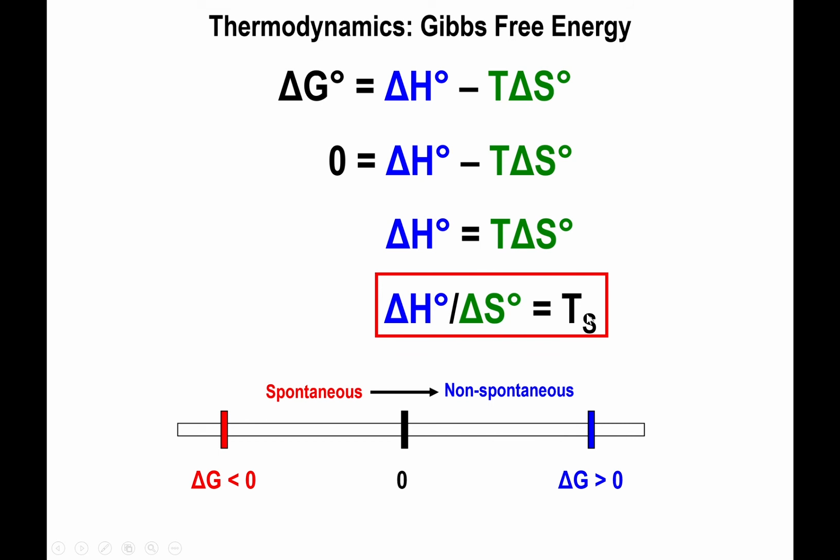And what this means is that based on this temperature, you're going to be able to tell below this temperature, something's going to happen. Above this temperature, something's going to happen. And you will only do this type of calculation if and only if both delta H and delta S have the same sign. Whether they're both positive or negative is irrelevant, but they both have to have the same sign.